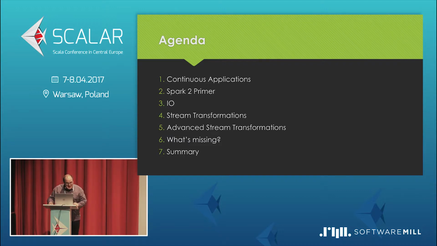Then I'll present how to do input-output operations, some easy stream transformations, and some more advanced stream transformations with aggregations, windowing and so on. At point 6, there will be a more painful point where I will talk about all the stuff that is not supported yet, so that we don't make mistakes when we play around with continuous applications. Then the summary, and Daniel will take over.